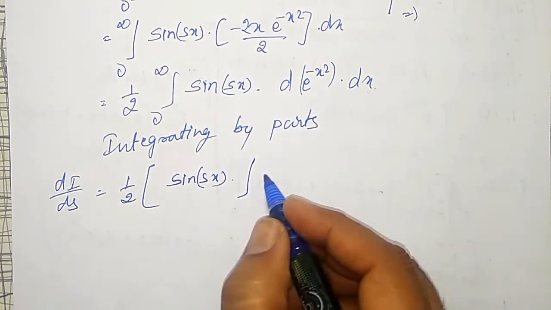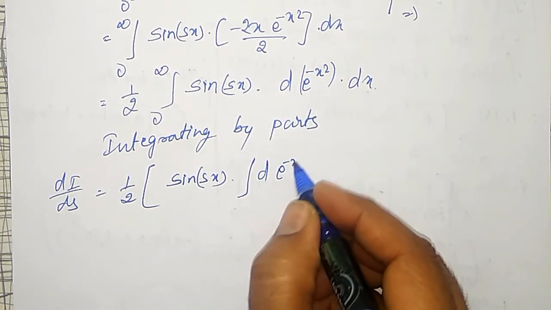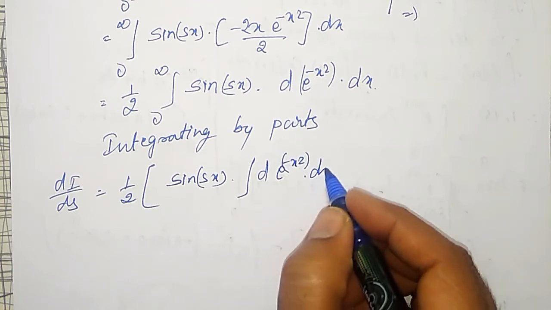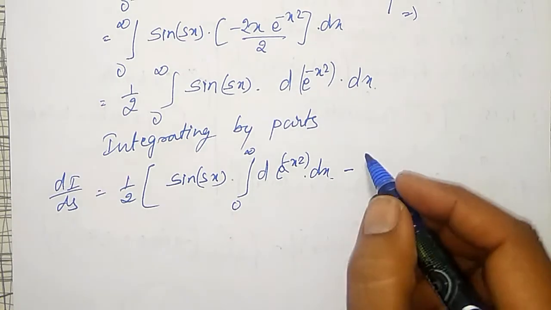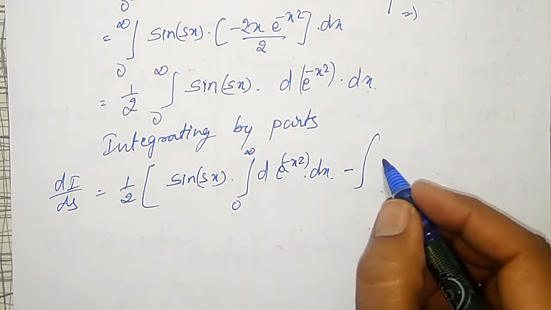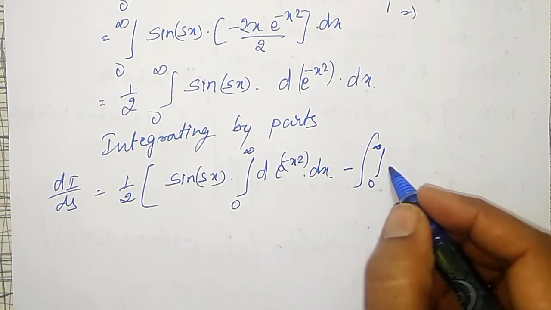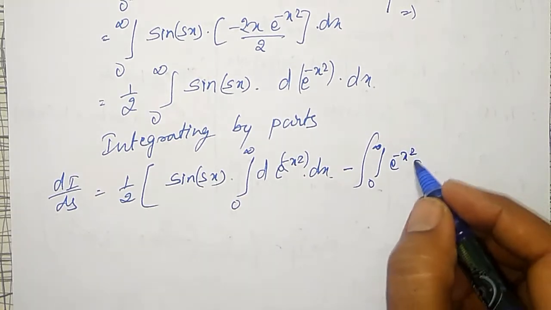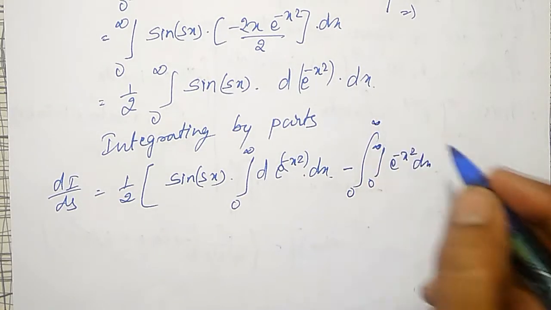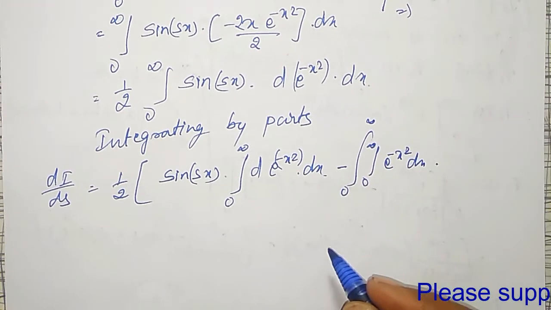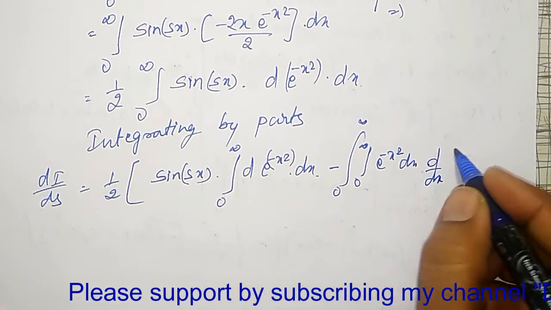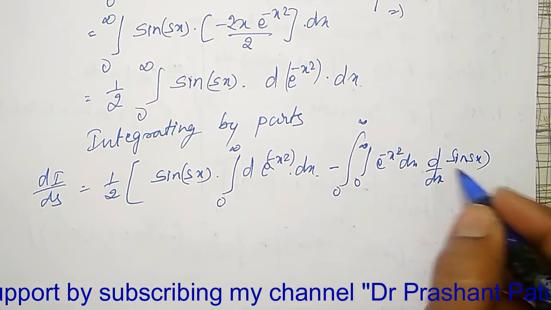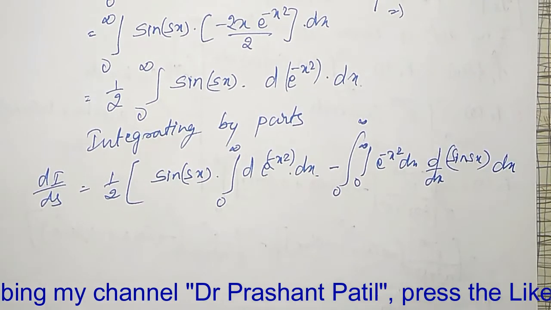Integration of second is e raised to minus x square, dx, between the limits 0 to infinity, minus integration of second, that is again, 0 to infinity, e raised to minus x square dx, into differentiation of first, that is d by dx of sin sx, into dx.